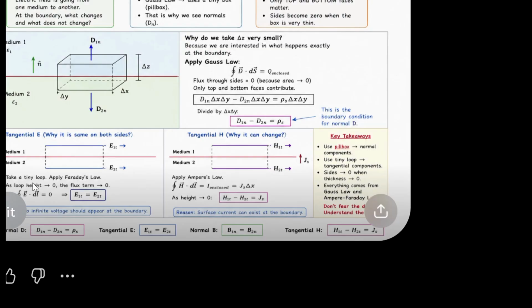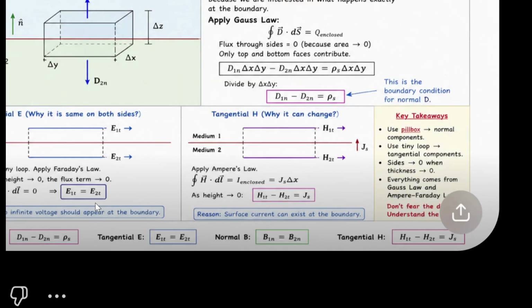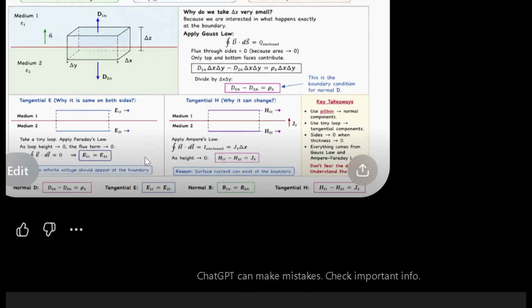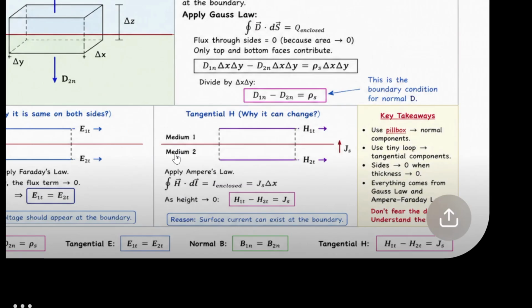Take a tiny loop, apply Faraday's law at loop height. The flux term equals zero, E dl equals zero. E1t equals E2t. Normal D1n minus D2n equals the surface charge density.